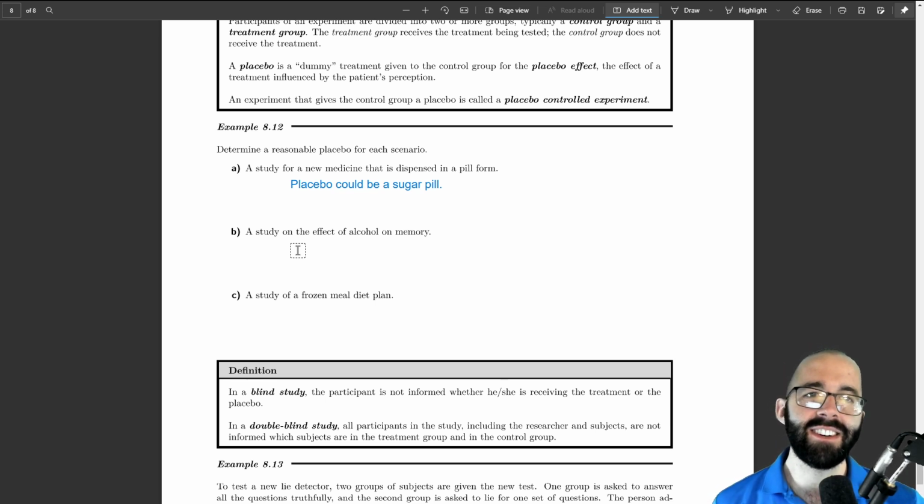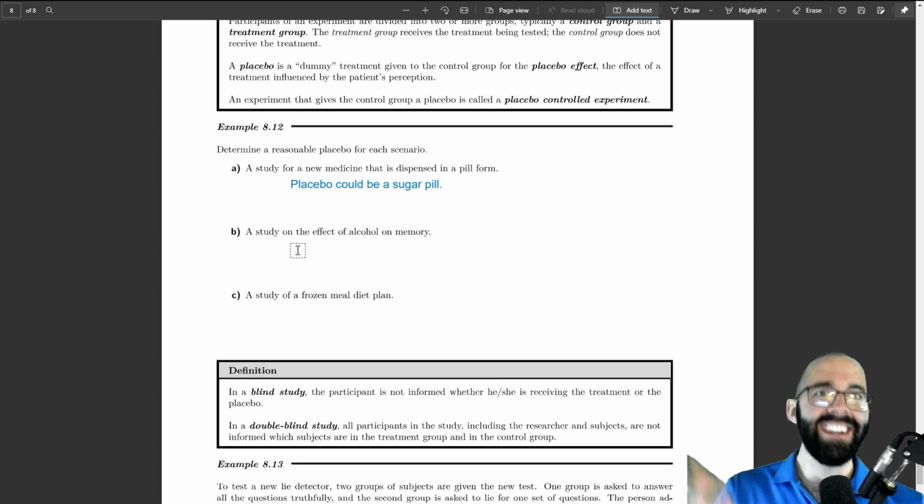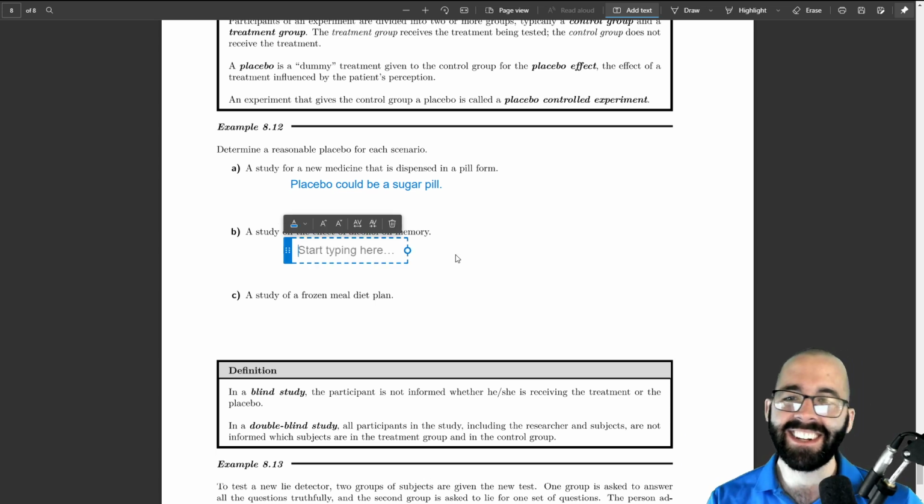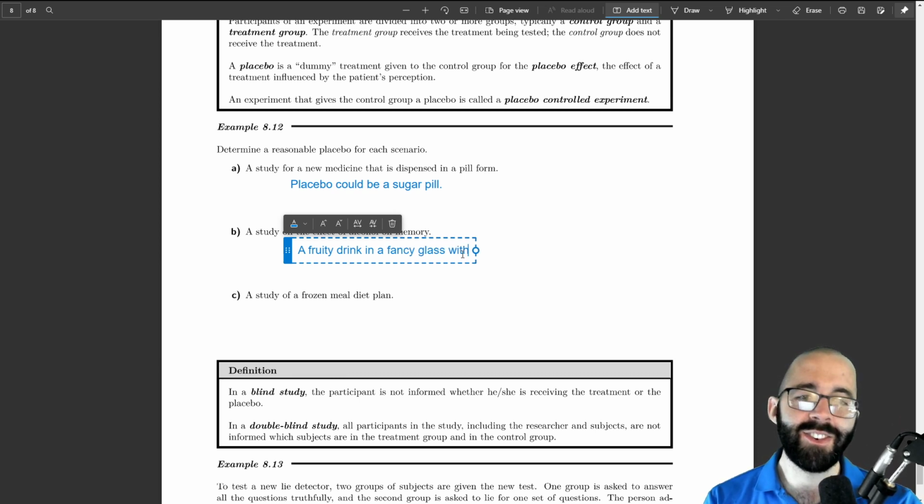Sometimes you can tell someone that this fruity drink has alcohol, and they'll start acting a little looser, a little wilder, because you're not giving someone a shot of alcohol and saying, is this alcohol or not? So yeah, this could work. So maybe a fruity drink in a fancy glass with no alcohol.